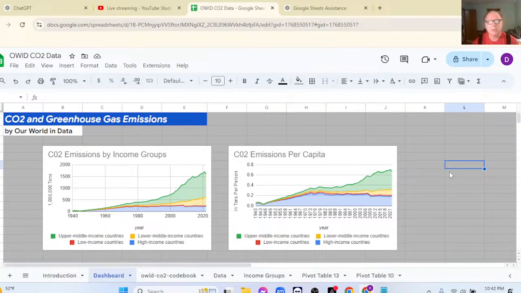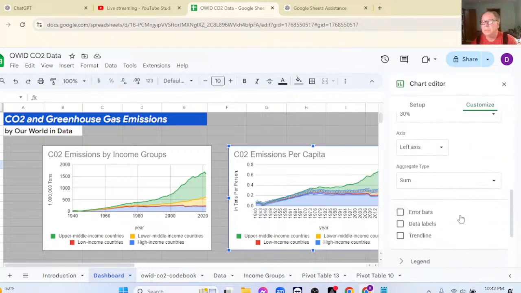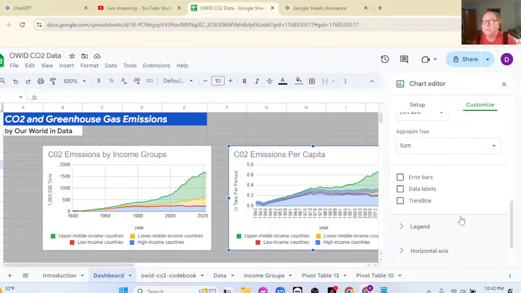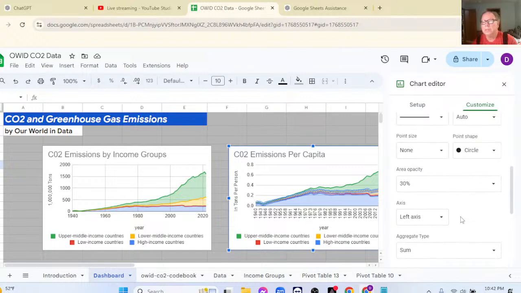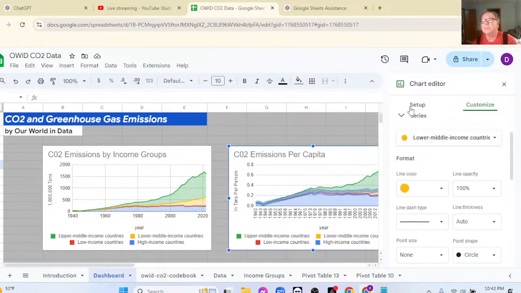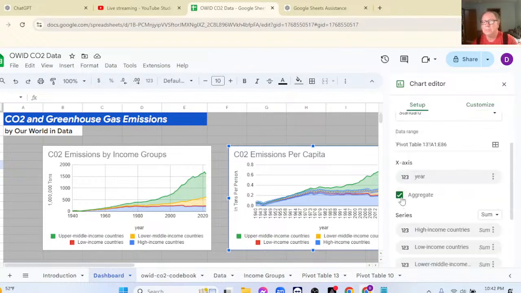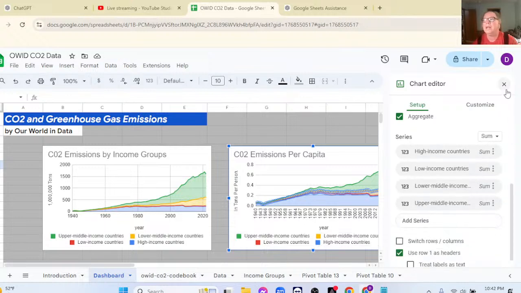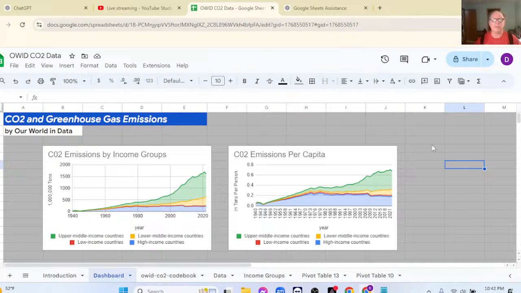I'm not quite sure why we got so many lines. See, I don't know why this happened over here, but we're not going to worry about that. Let's just leave it the way it is for right now. And there you have it.